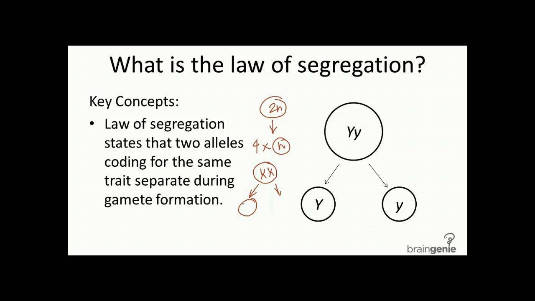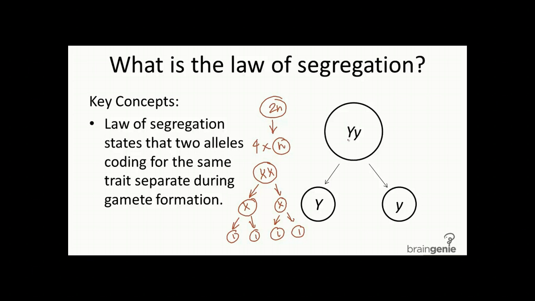And during meiosis 1, the homologous pair separates, so each has only 1 chromosome, and then during meiosis 2, the sister chromatids separate, and as a result, you have 4 genetically different haploid cells. And so what this tells us, because each allele coding for the same trait is found on only one of the homologous pairs, that means when the homologous pairs separate, the alleles will separate with them.